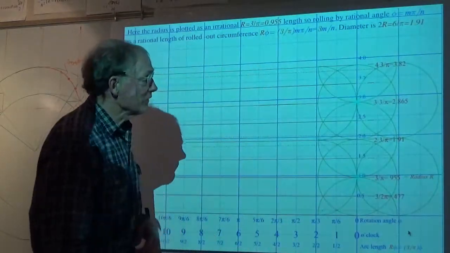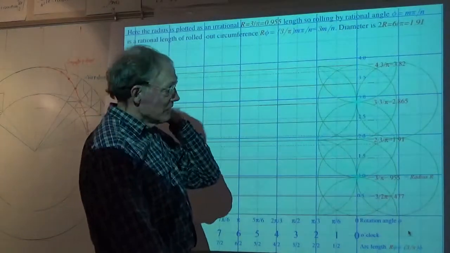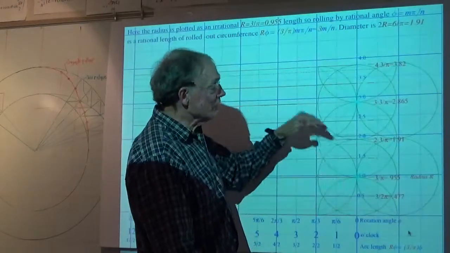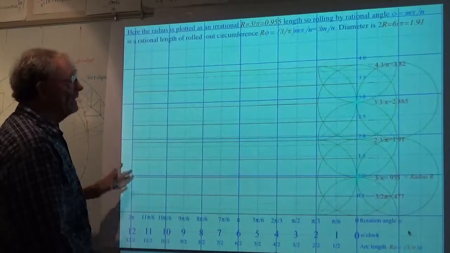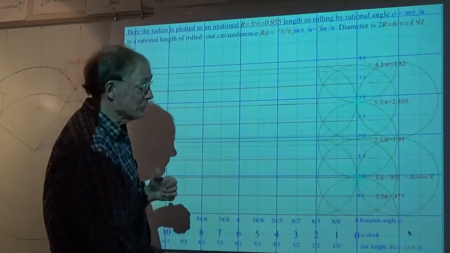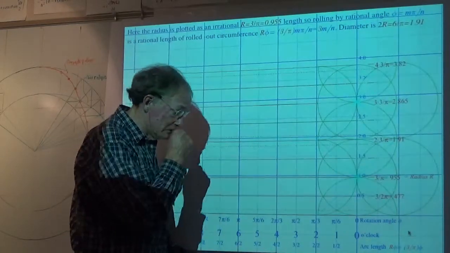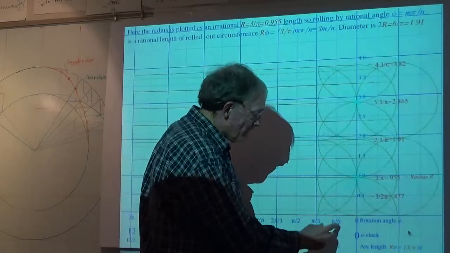So each of these numbers get irrationalized on this axis. But once you set those things, then you just draw horizontal lines off of that, and the cycloid construction, what you'll see, is quite nice.